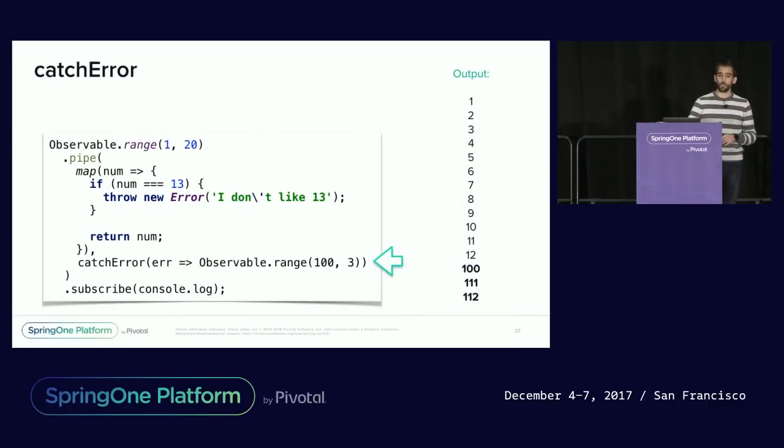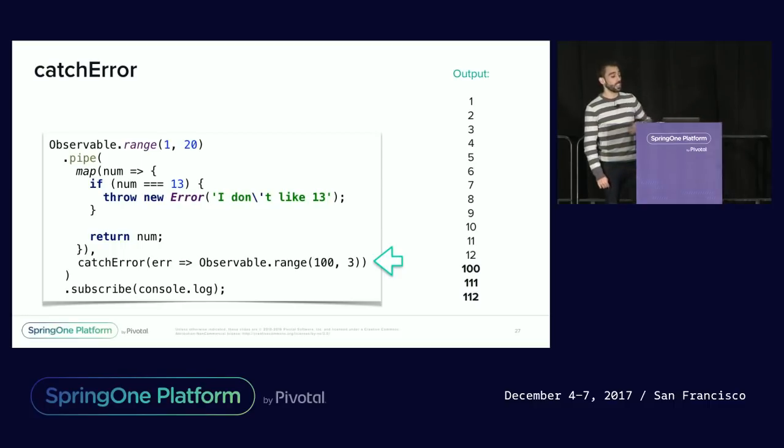So how can we prevent that? We have the catchError operator. Usually we use the catchError operator close to where we are supposed to have the error. Now we can catch the error and map it into an observable. So instead of throwing an exception, we can return an observable. In this example, we have the same example, but we have added the catchError.